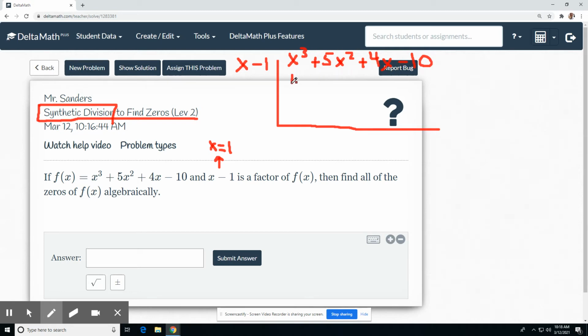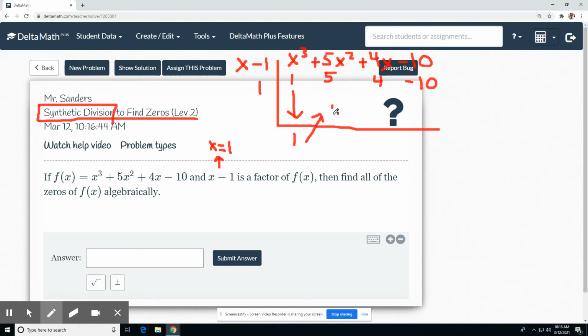This has coefficients of 1, 5, 4, and negative 10. And like I said, I really prefer long division, but that's fine. We look at the root when we start off here. So the root, we wouldn't use a negative one, we'd use a positive one. All right. Then the process starts off with, we multiply these two together, and then that answer goes right here.